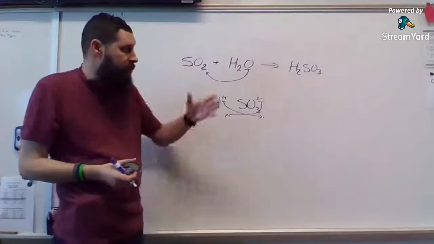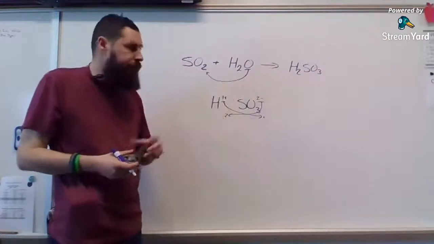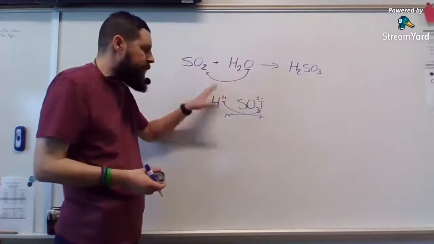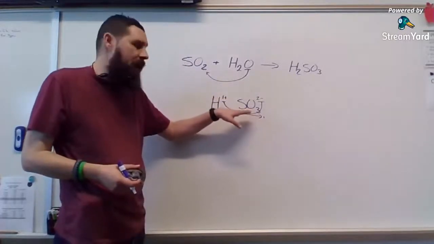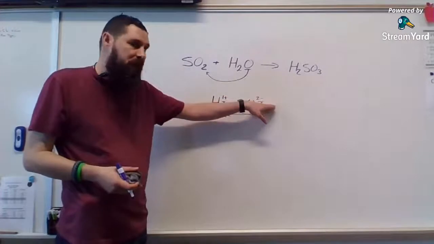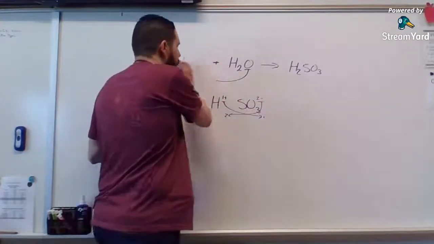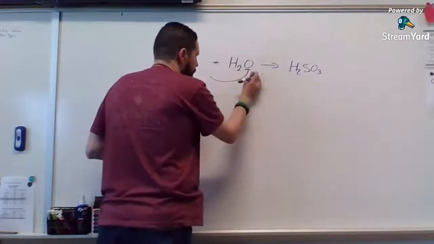So this would be sulfurous acid. So this is how they do it. Again, they move the oxygen over, find the polyatomic ion, look up the charge on that polyatomic ion, and then combine it with hydrogen.